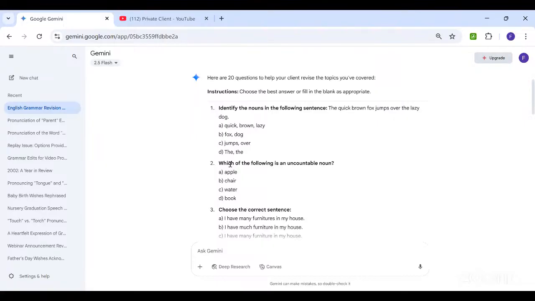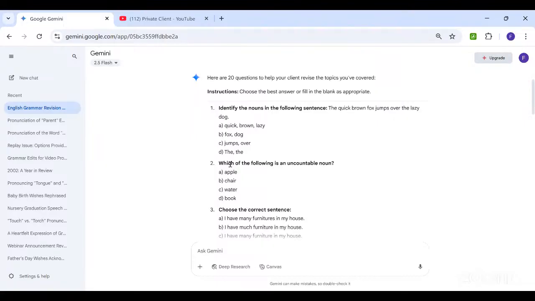The subject answers the question: who jumped? The quick brown fox. Quick brown is telling us more about the fox. If the writer had just said the fox, we could think it is a yellow fox. But because the writer used adjectives, we know that it is the quick brown fox that jumped, not the slow yellow one.